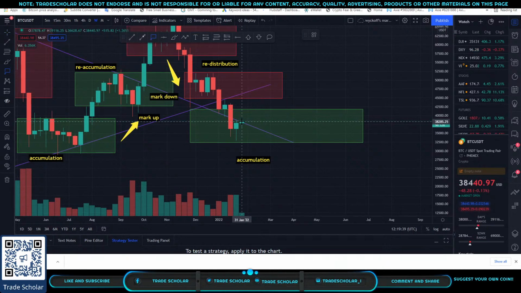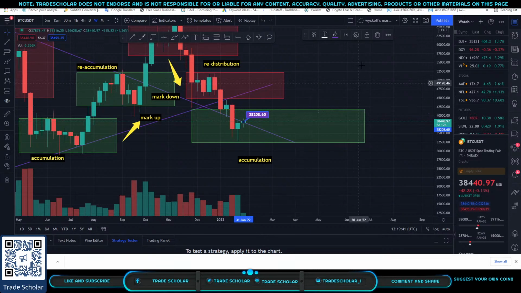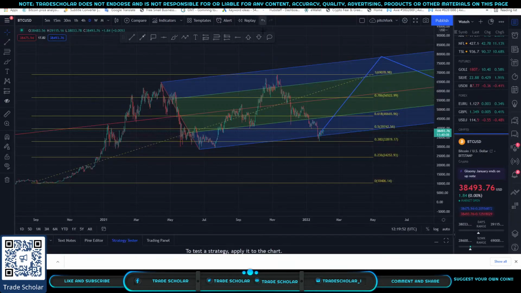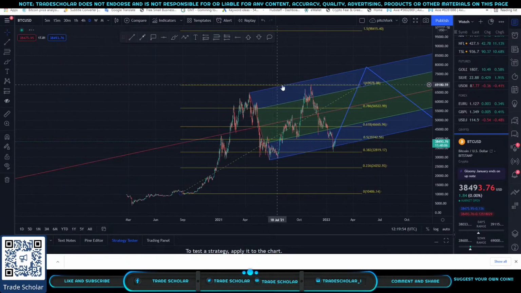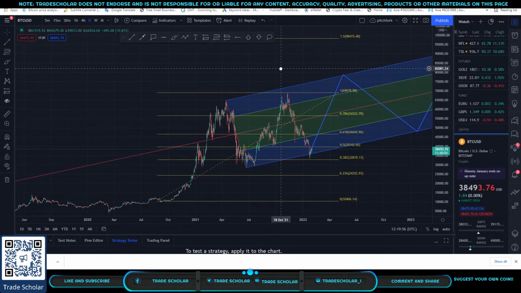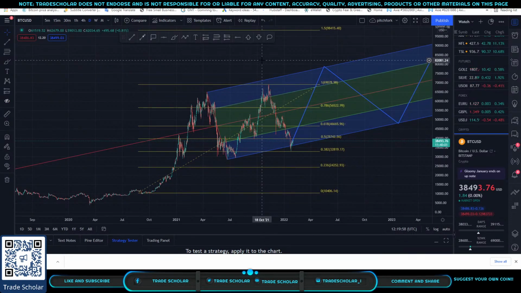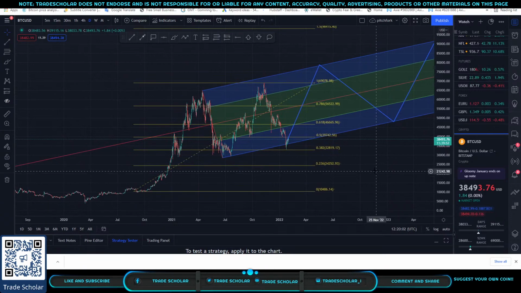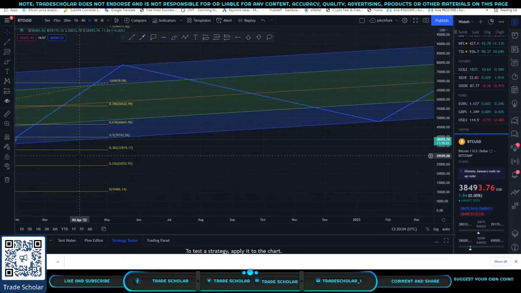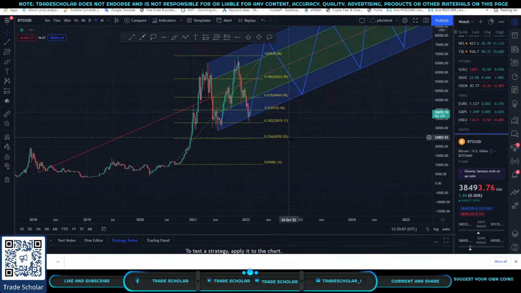That's a possibility right there: 38 to 208. We rested there, and this can be a good support area for our Wyckoff's market cycle. This one is a pitchfork, from our indicators also. So in the pitchfork, check the weekly time frame.